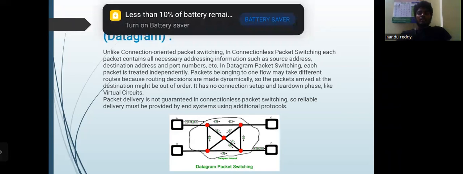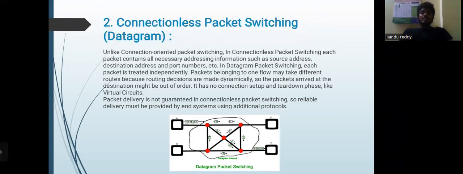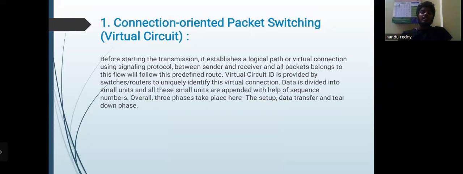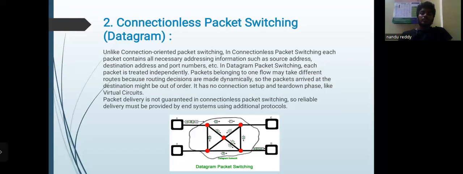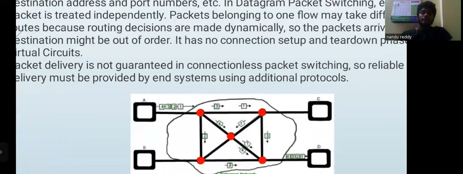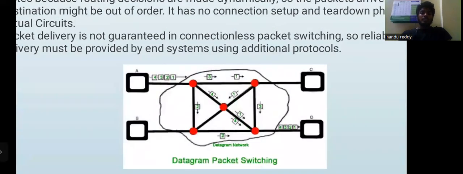It has no connection setup and tear down phase like a virtual circuit. Packet delivery is not guaranteed in connectionless packet switching, so reliable delivery must be provided by the end system using upper-layer protocols. This is the datagram network diagram.